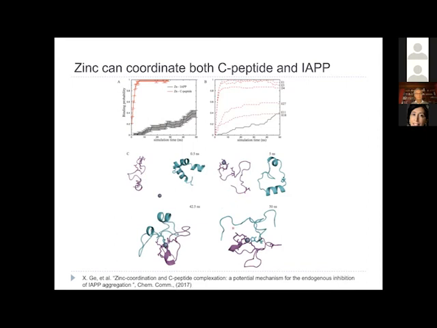And this shows that at the end of the simulation, a heterodimer forms with zinc coordinating one histidine of the IAPP and binding to the N-terminal of the C-peptide, but also having some dynamic binding with, for example, E27 and E11.